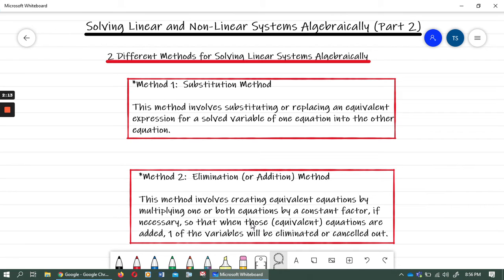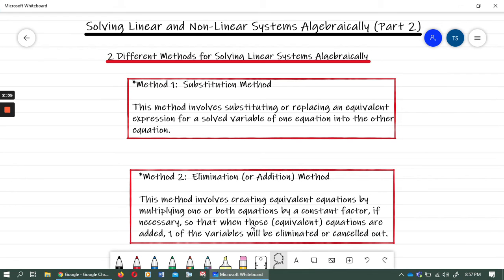This second method, the elimination method, is a method that involves creating equivalent equations by multiplying one or both of the equations by a constant factor, and we'll only multiply one or both of the equations if it is absolutely necessary.